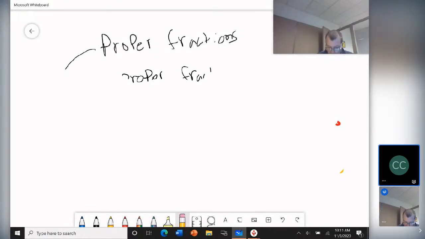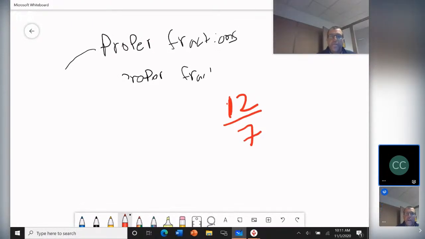So whenever you see the top number, which we call the numerator, so we use 12, is bigger than the denominator, the bottom number, we know that's an improper fraction. And in most cases, we're going to have to convert that into a mixed number. Okay.